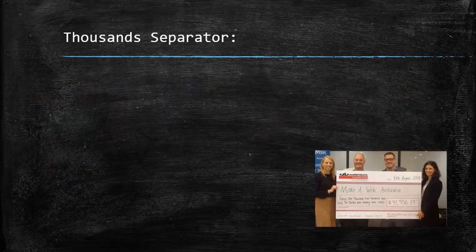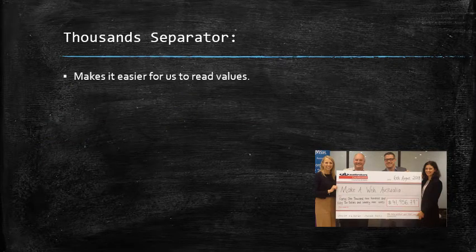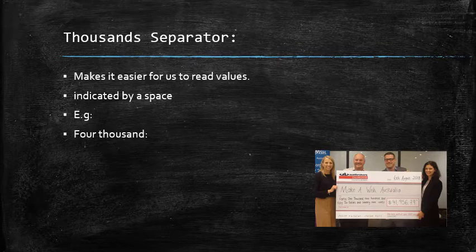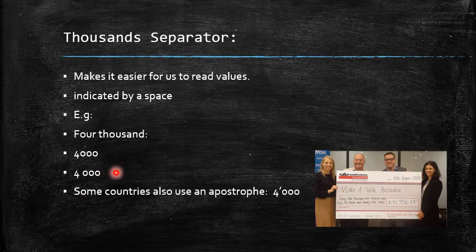So when we look at thousand separator, we need to remember that it makes it easier for us to read the values, that it's normally indicated by a space. So if we look at an example like 4,000, we know as a value it will be 4,000, but with the thousand separator, it's 4 space 000. Some countries will use an apostrophe, so 4 and then the 000, or some countries use a comma, 4,000.